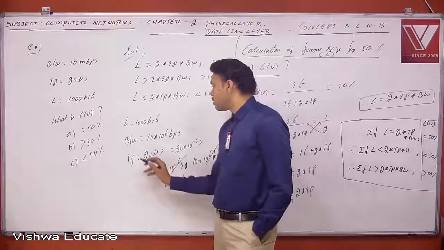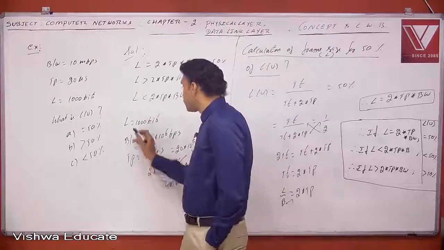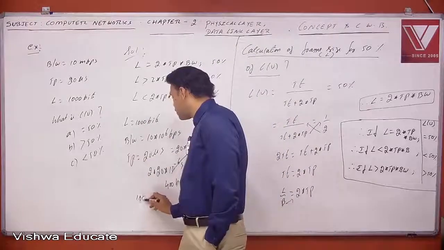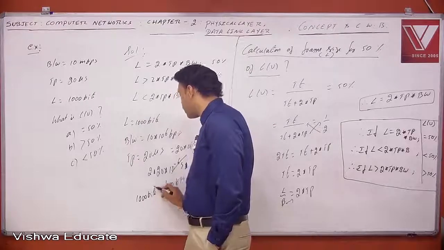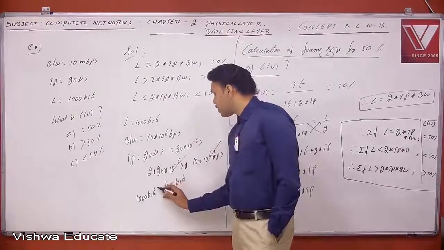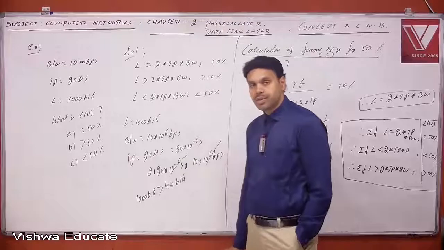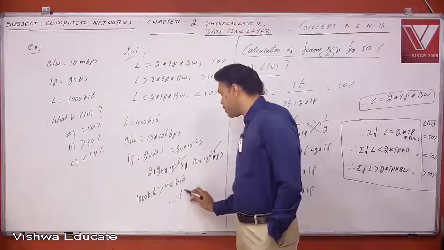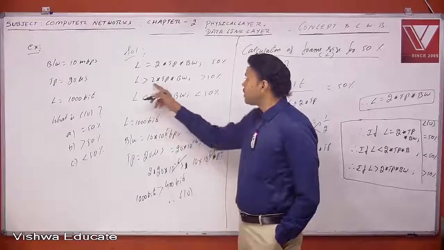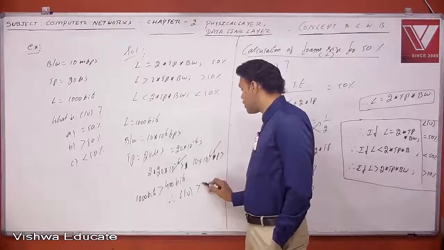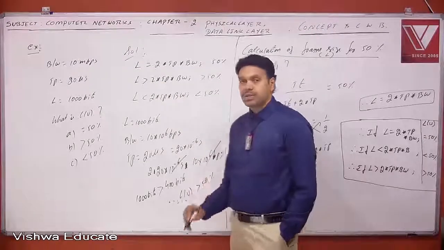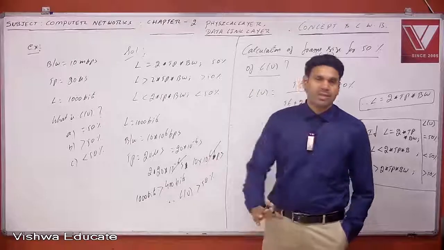Yes or no? So now you understand, L value is given, 1000 bits. If 1000 bits is greater than 400 bits, therefore if L is greater than this value, efficiency is greater than 50%. This is how you can calculate, friends. Very easy.